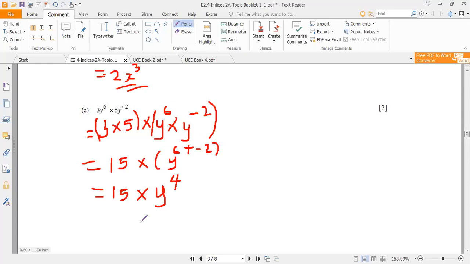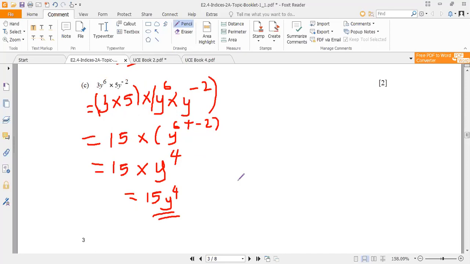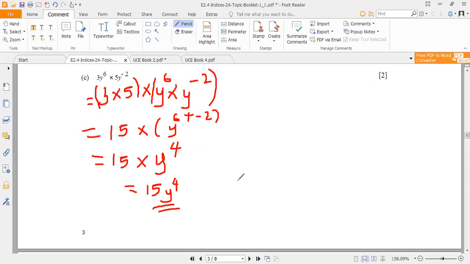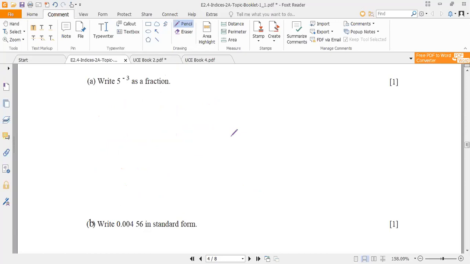So finally our answer is 15y to the power of 4. That is our answer.